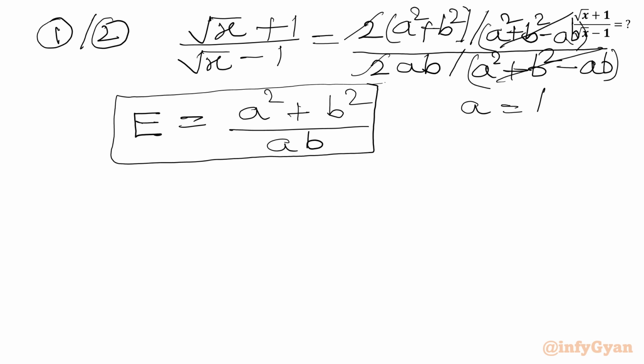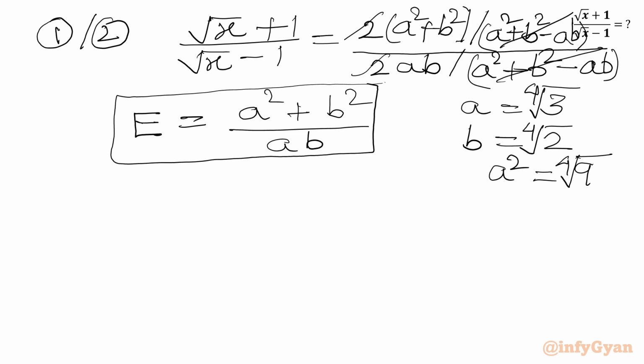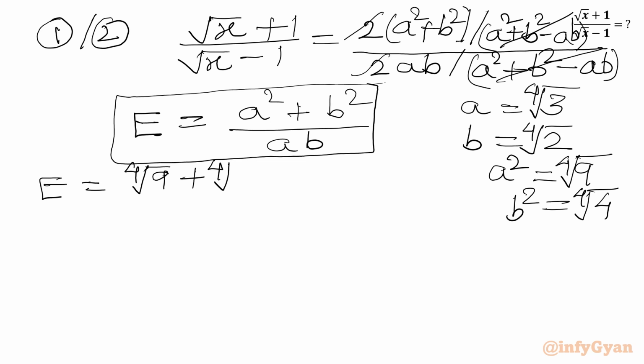Now a was 4th root of 3. B was 4th root of 2. So we can write a square will be 4th root of 9 and b square will be 4th root of 4. Let us write E will be equal to 4th root of 9 plus 4th root of 4 over, a is 4th root of 3 times 4th root of 2. This is b.